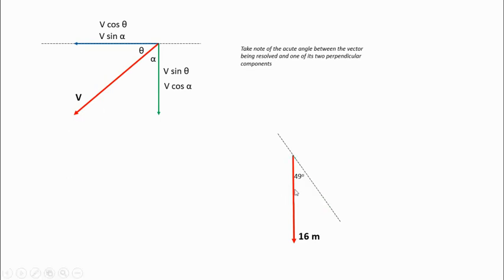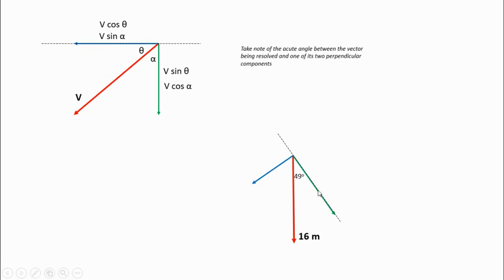So here, if we have this vector representing 16 meters at an angle of 49 degrees to some arbitrary reference direction, and we want to resolve these 16 meters into perpendicular components, with one of them along this line and the other perpendicular to our reference direction, how would we calculate what these components are?